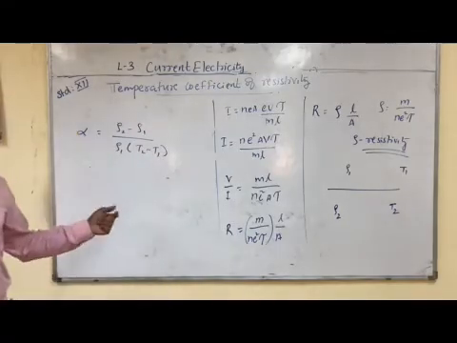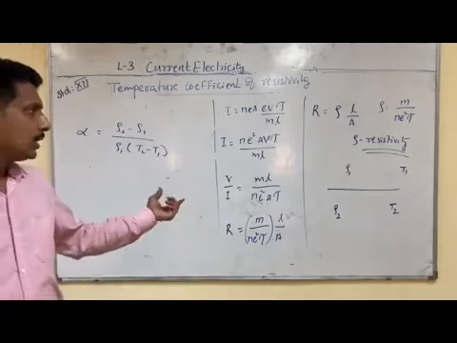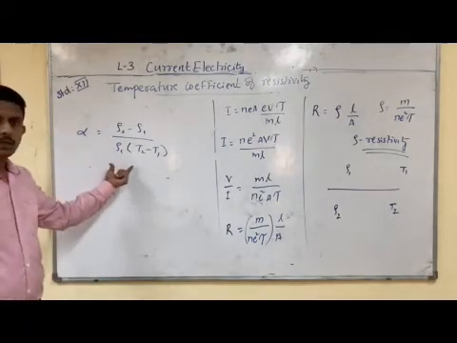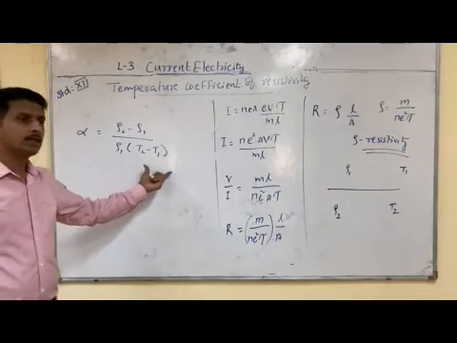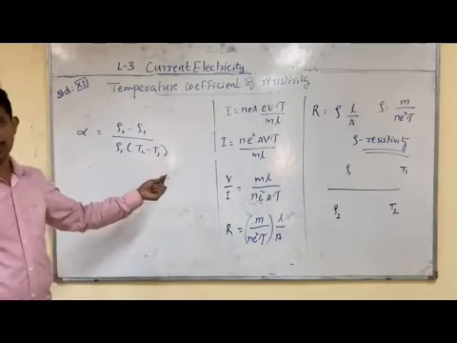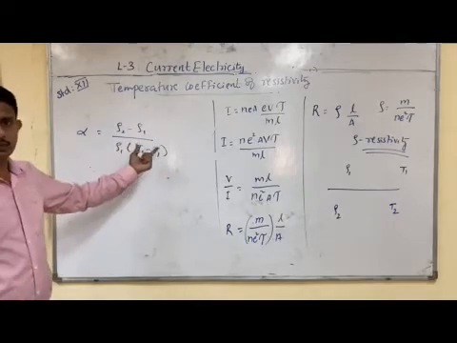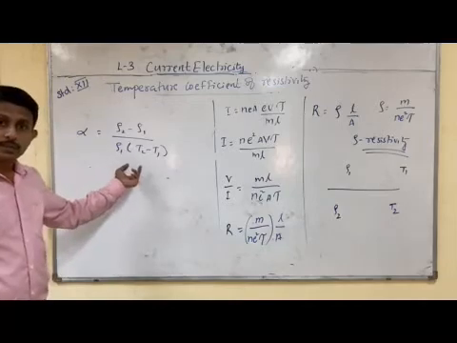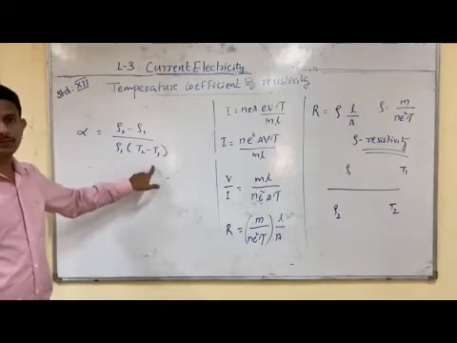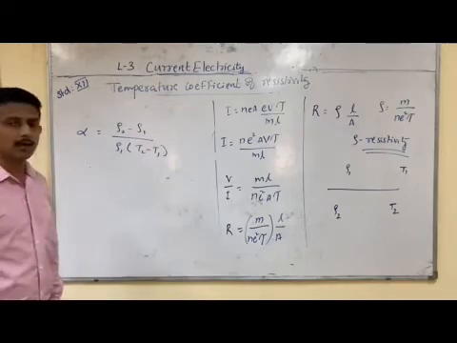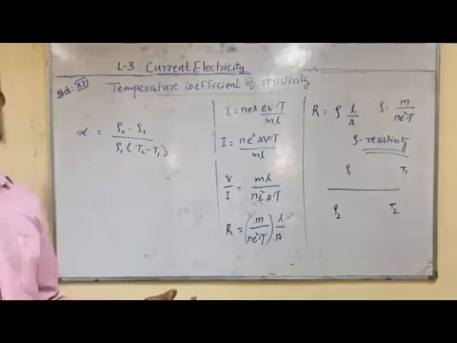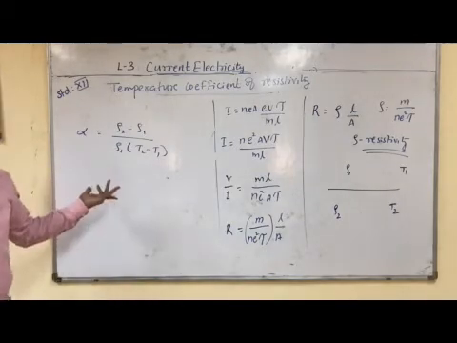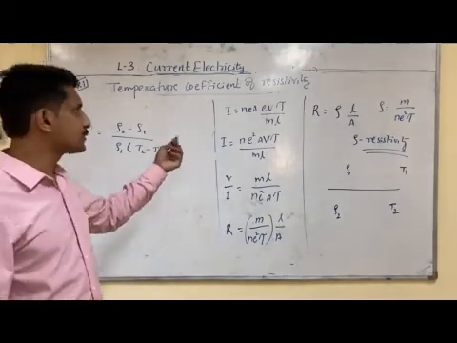That means the temperature coefficient of resistivity is defined as the change in resistivity per unit original resistivity per unit change of temperature. So this way we can define the temperature coefficient of resistivity.